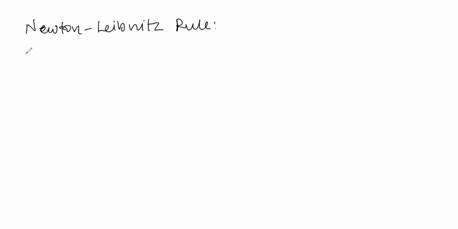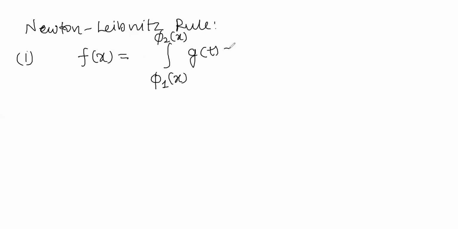So let us say I have a function f of x equal to some integral from phi 1 of x to phi 2 of x of g of t dt. If I have to differentiate this, I have to find f dash x.